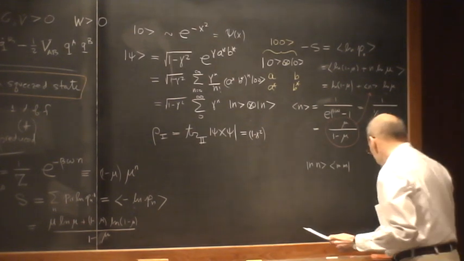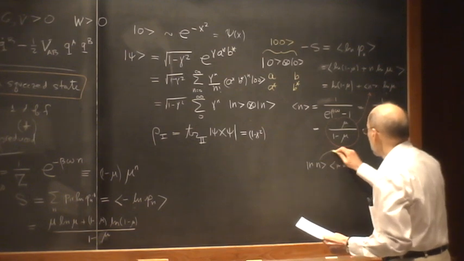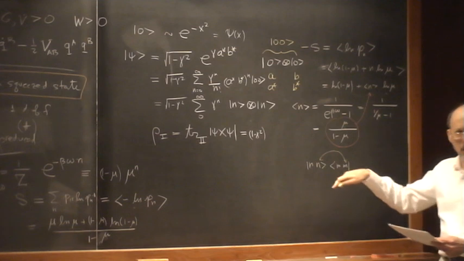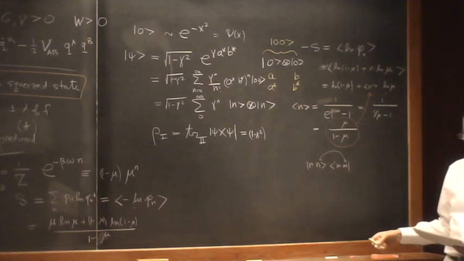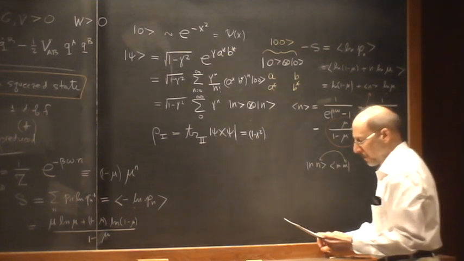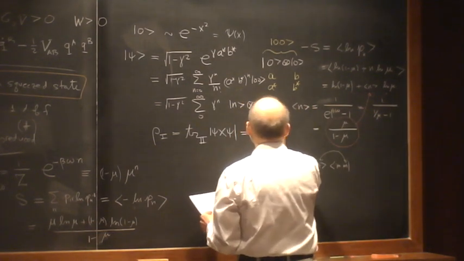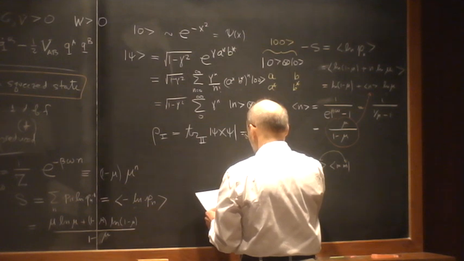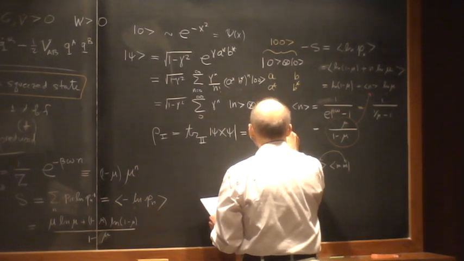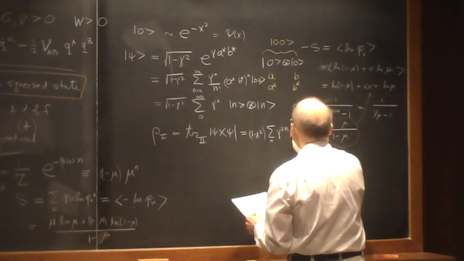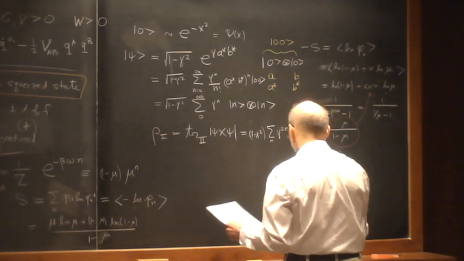But when you take the trace, of course, that'll force n equals m, because for each given oscillator, all the different energy levels are orthogonal to each other. So it'll just end up as a single sum, and it'll be the sum over n of gamma. Now gamma was squared here, so it's gamma to the 2n times n, right?